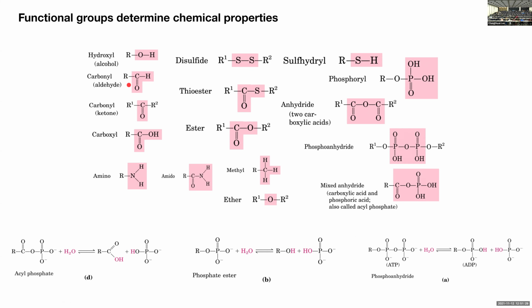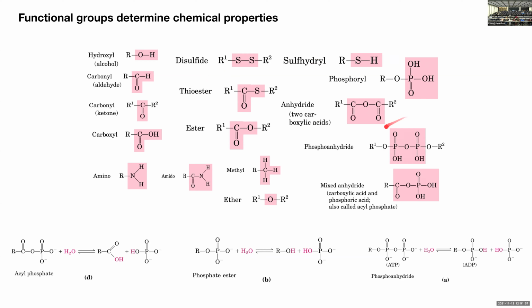And these are the functional groups that we already talked about, and these are especially important and widely used for biomolecules. For example, hydroxyl groups in many amino acid side chains, carbonyl groups like aldehydes and ketones, carboxyl groups, amino groups, and amido groups, which are also important because of the Schiff base, and disulfide bonding, thioester bonding, ester bonding, sulfur groups, phosphate groups, and so on.